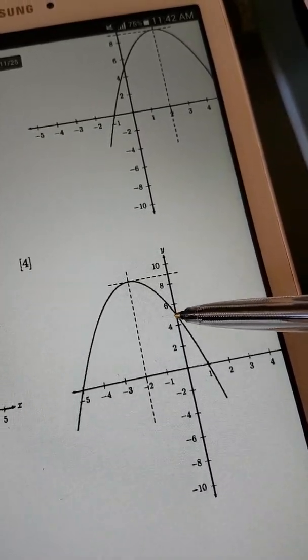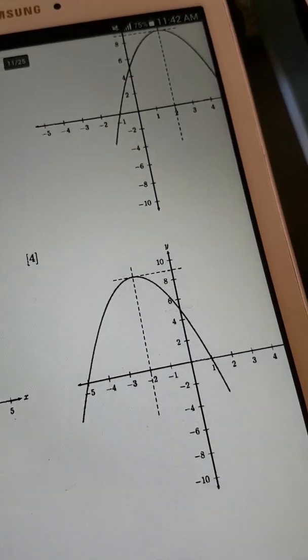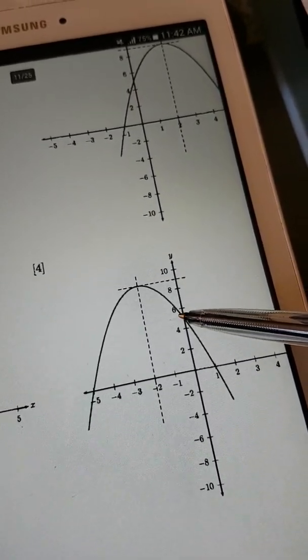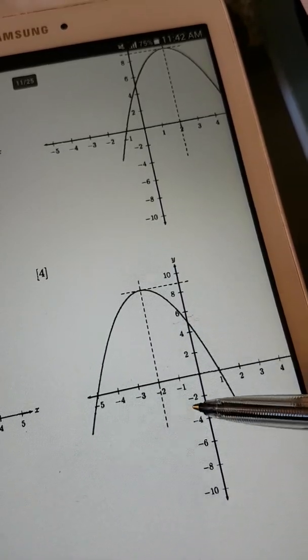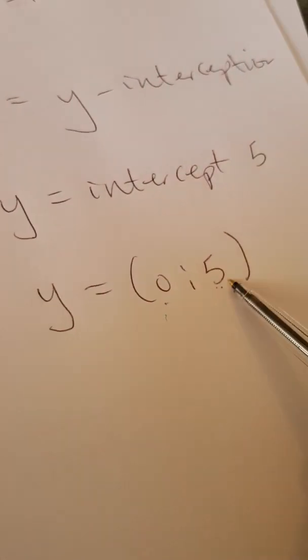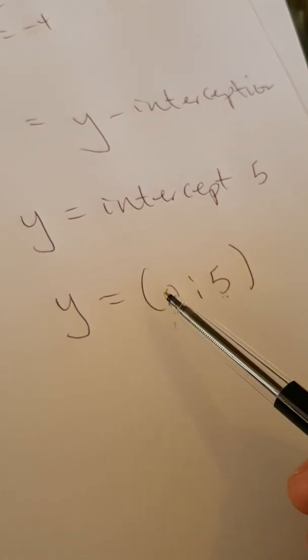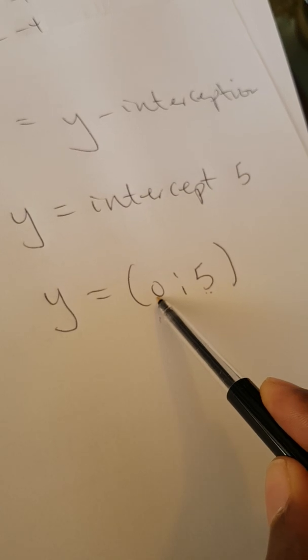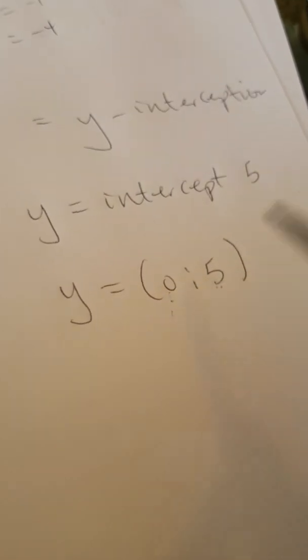Where y is 5, that's where we have the intercept. Along this line, x is at 0. So that's why I'm saying y is 5 and x is what? It's 0.